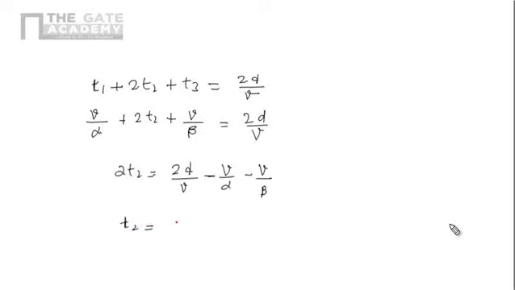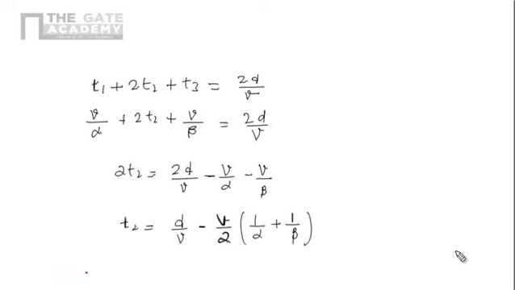So t2 will be d by v minus v by 2, taking v common, 1 by alpha plus 1 by beta.